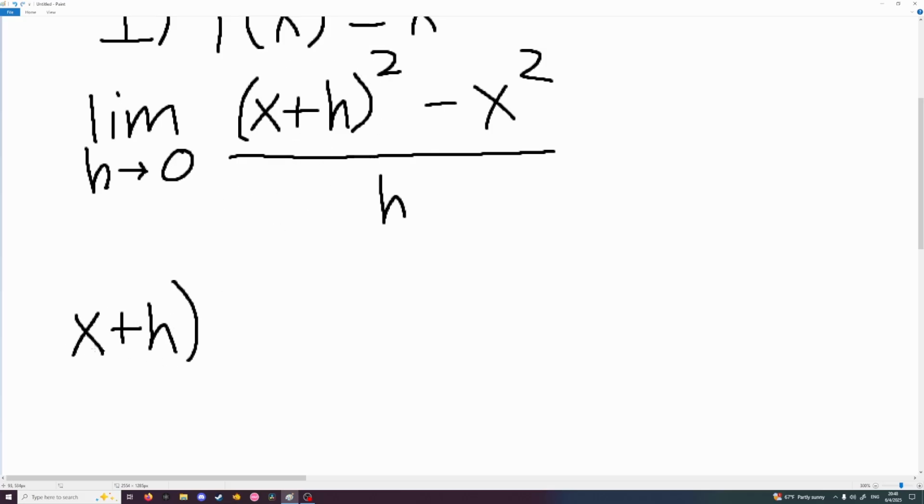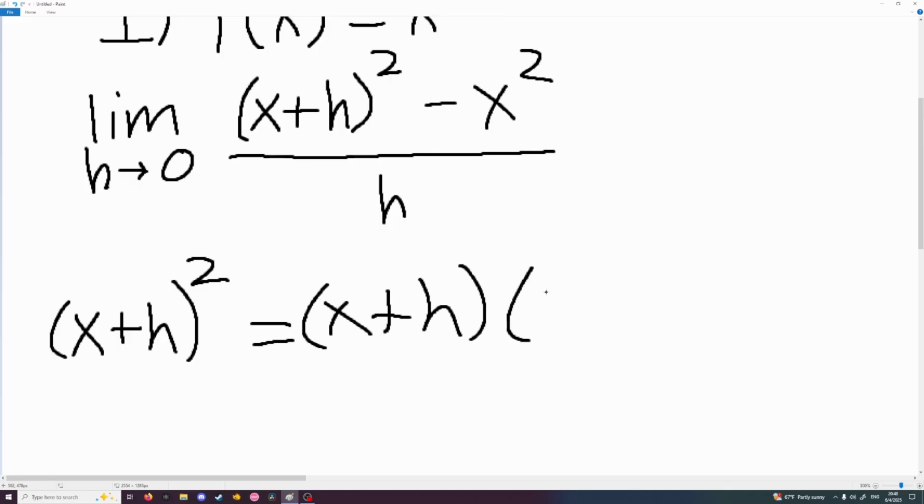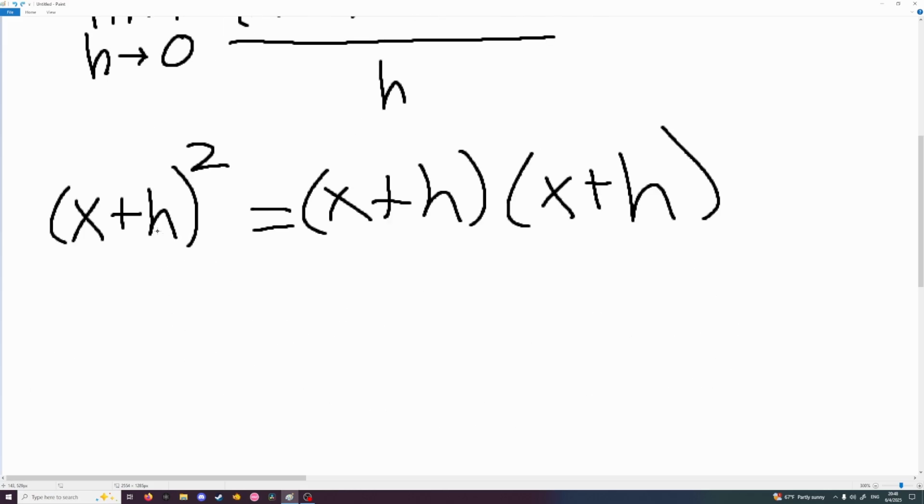So x plus h squared is equal to x plus h times x plus h, so this is equal to this thing right here. I'll just show you. We're gonna FOIL it out. So we have this x right here.